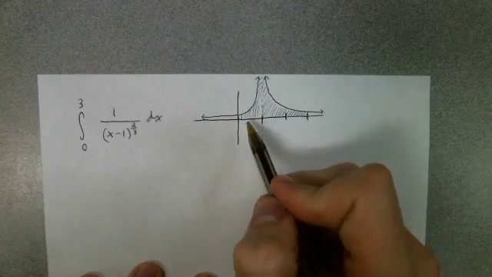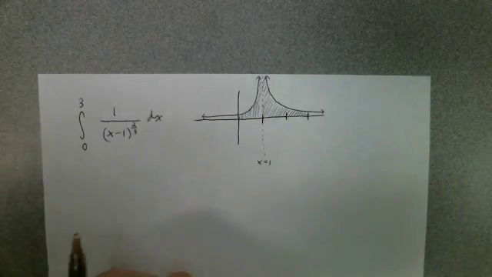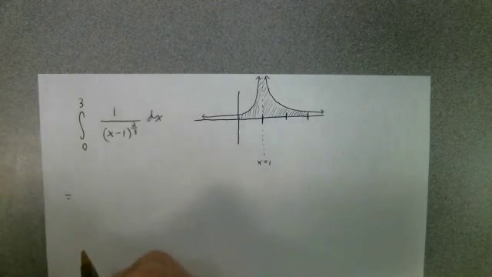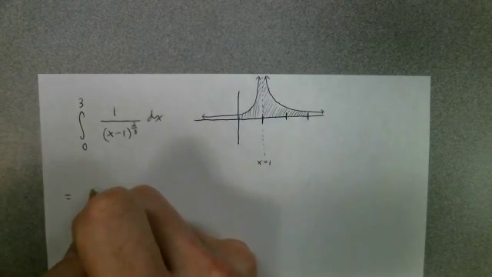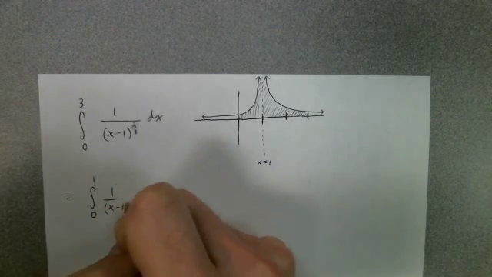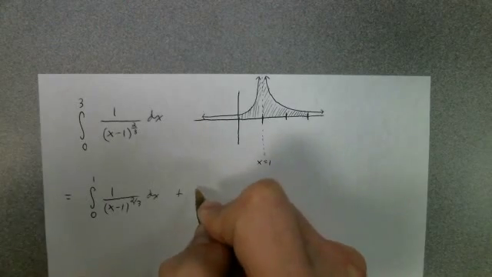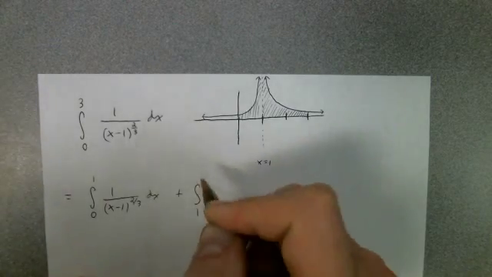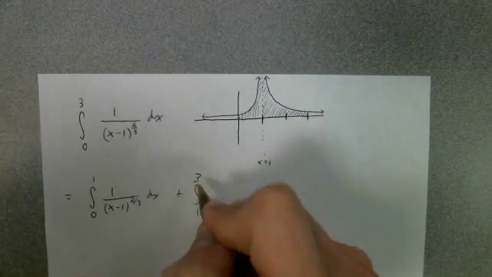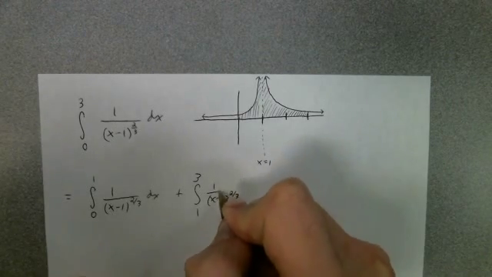What we see here is we're going to have two improper integrals. We're going to want to split this up into the integral from 0 to 1 of 1 over (x minus 1) to the 2/3 power, plus the integral from 1 to 3 of 1 over (x minus 1) to the 2/3 power.